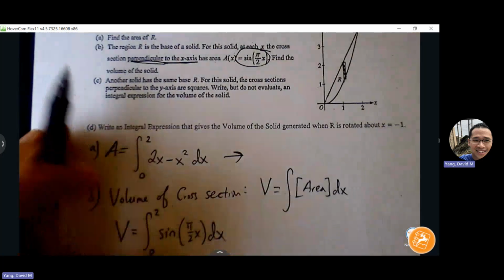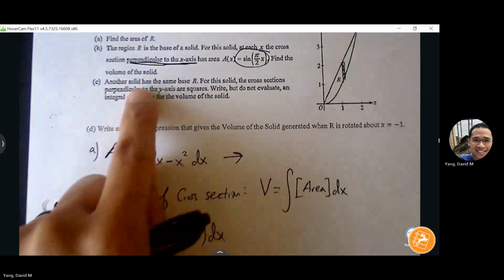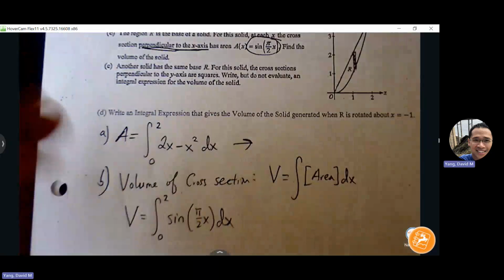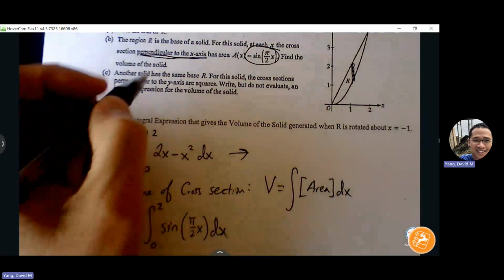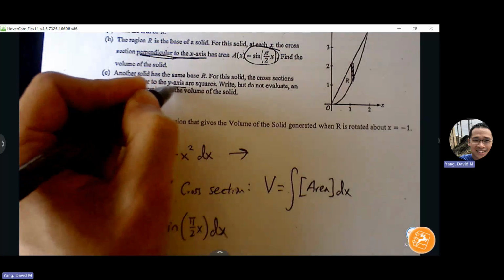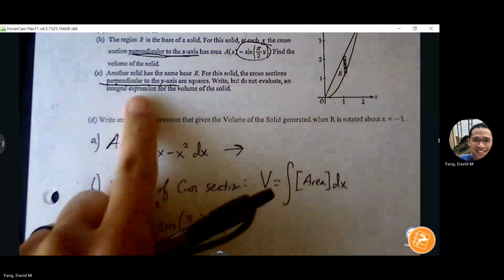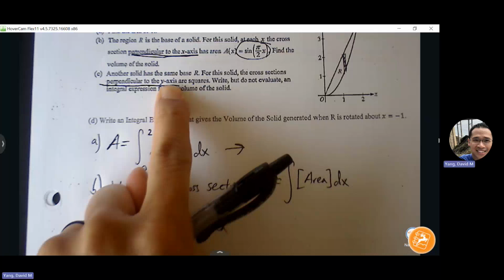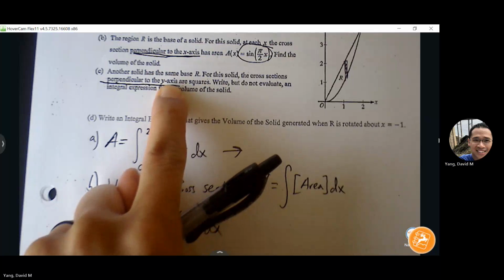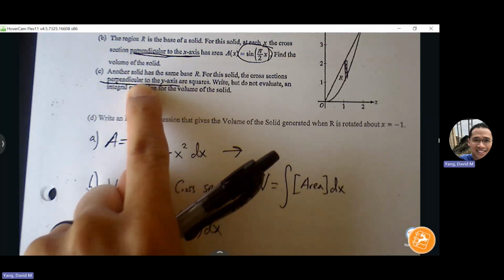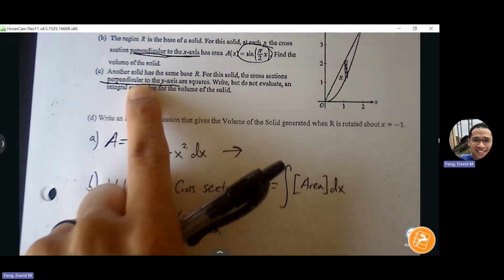So this one is also going to be cross-section, but this is going to be more familiar, more similar to the ones that we've seen in the past. Okay, so let's figure out which direction this is. Perpendicular to the y-axis. The y-axis is which direction? Vertical. Perpendicular to it means we want something that is horizontal.